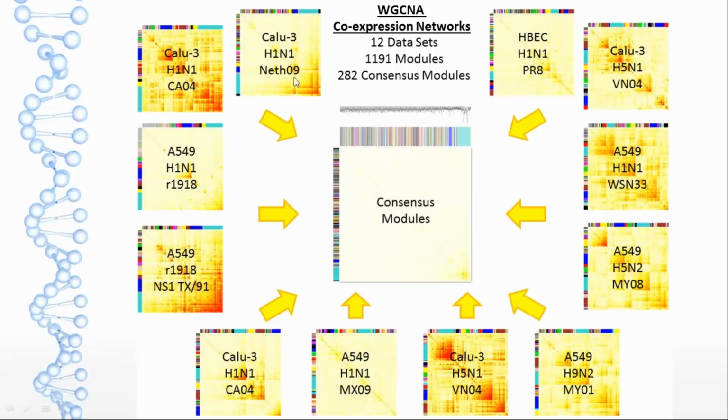Again, we're not focusing on individual networks or individual modules from these studies, but actually look at the consensus. Similar to clustering co-expressed genes into modules, we cluster these modules into consensus modules using a different metric, ending up with consensus modules from 1 to 12.